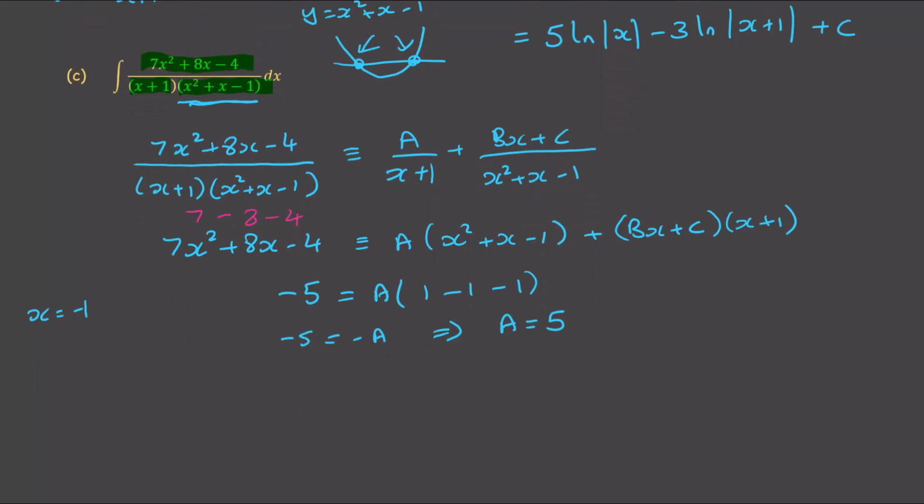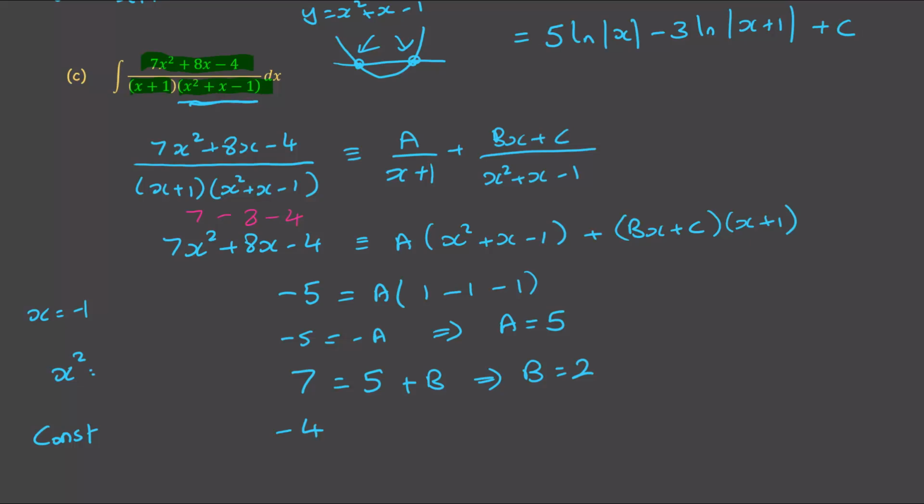Okay, let's look at x squared coefficients. On the left we've got a 7. So on the right we would have ax squared, which is 5x squared, and we'd have a b, and that tells me that b is equal to 2. And then let's look at constants.